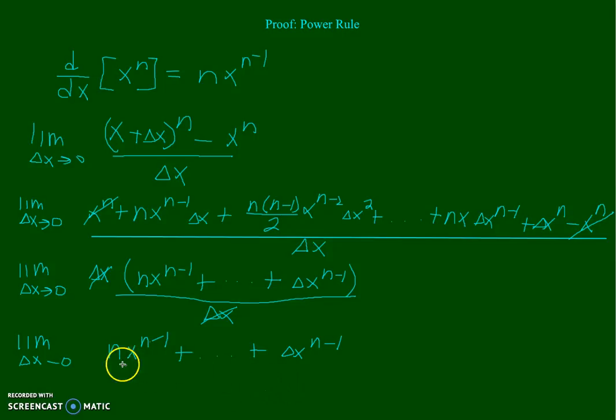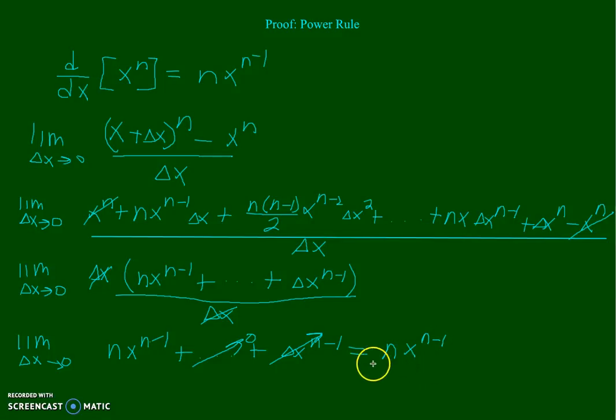Now we can see that as we take the limit as delta x approaches 0, all these intermediate terms are going to go to 0. Everything in here is going to go to 0, including this one, and what we're left with at the end is n times x to the n minus 1.